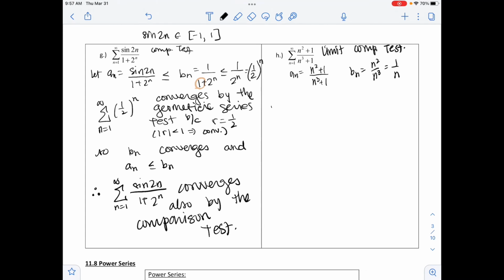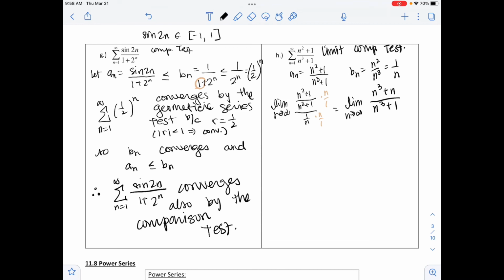And so the limit as n approaches infinity of a sub n over b sub n, which is n squared plus 1 over n cubed plus 1, all over 1 over n, if you multiply by the reciprocal of the denominator, simplifies to the limit as n approaches infinity of n cubed plus n all over n cubed plus 1.